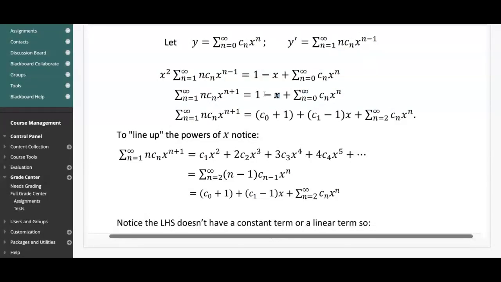But remember, we have this 1 minus x. So the rest of the terms, we don't reindex. Basically, we calculate the 2 terms from here, when n equals 0 and when n equals 1. Now we're left with the rest of the terms starting from n equals 2 up to infinity. Any questions?